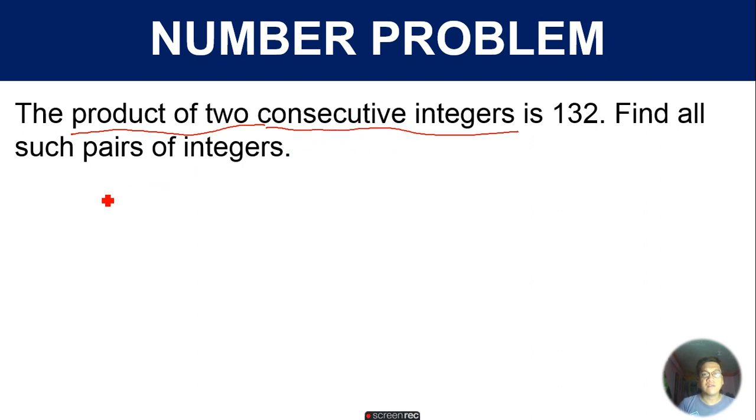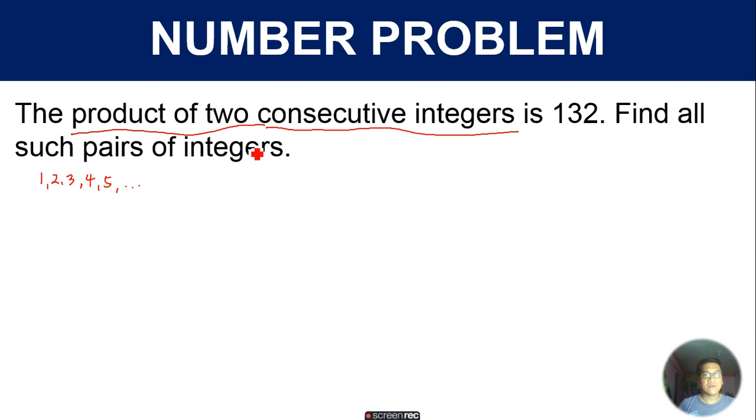When we say consecutive, they are continuous, like, for example, 1, 2, 3, 4, 5, etc. So the product of the two consecutive integers is 132. When you multiply the two numbers, their product will be 132. So, we're going to find these integers.